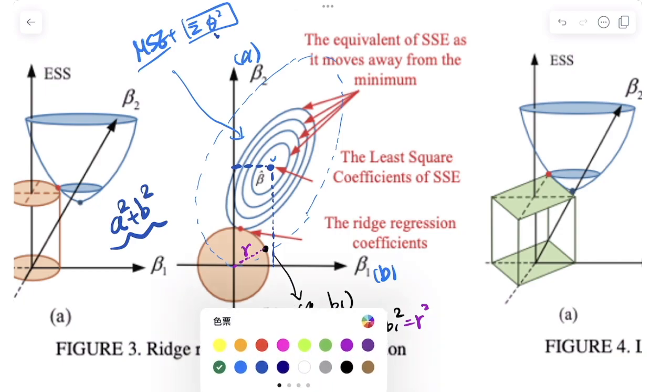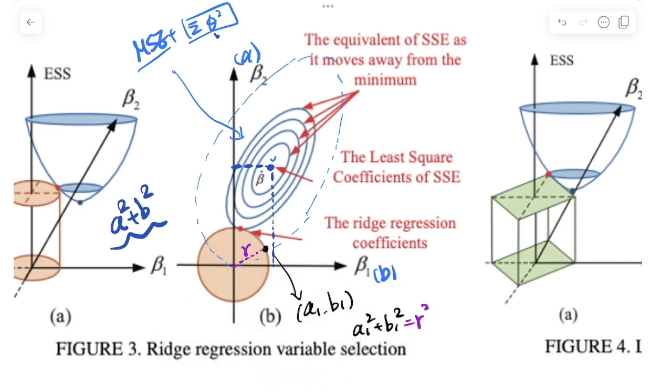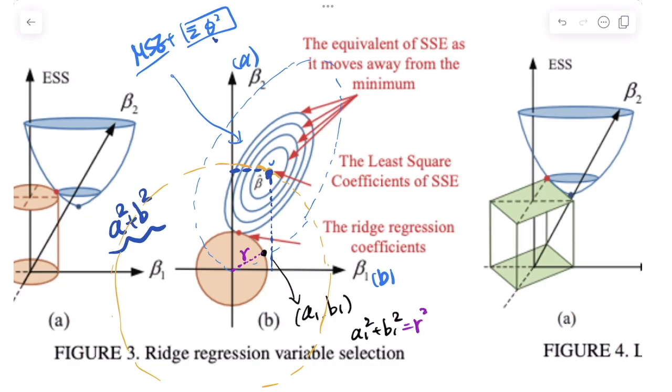So again, we can further draw a circle which touches this data point. Think about one thing: at this point it has the smallest MSE value, but it has a very large radius.